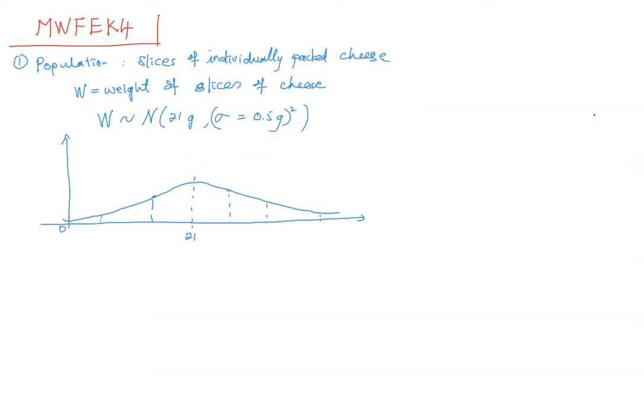So this is 21.0, 21.5, 22.0, and here is 22.5. One here is 3 standard deviation away. Okay, and here also 3 standard deviation down. So here is 20.